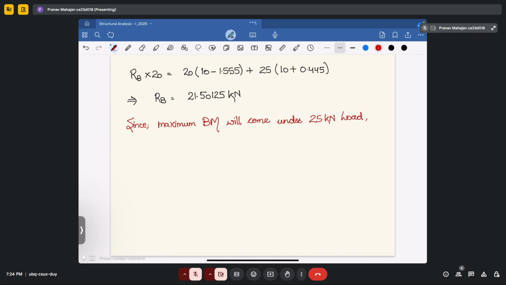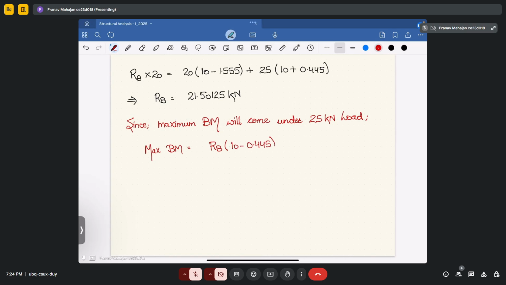Okay, so your maximum bending moment will be equal to RB into that distance, and that distance is 10 minus 0.445.